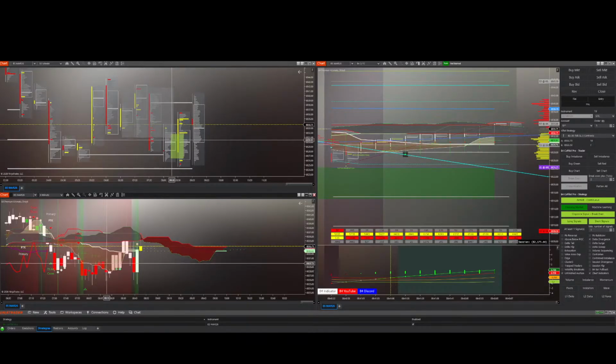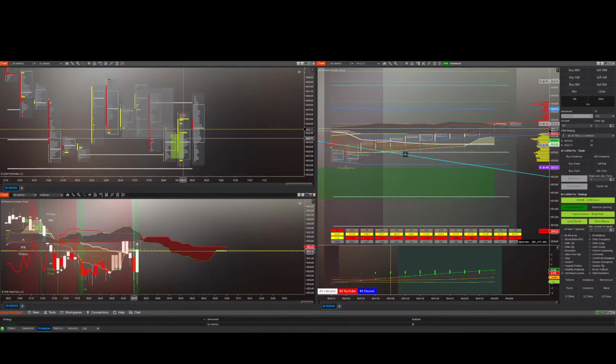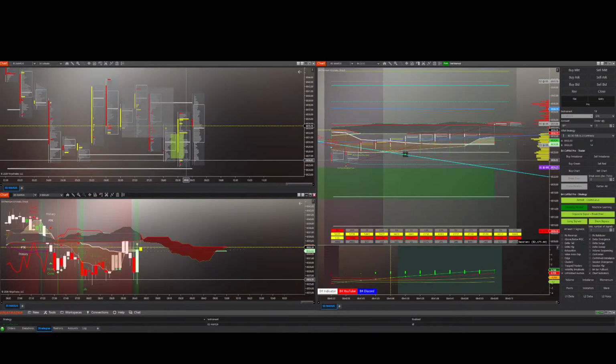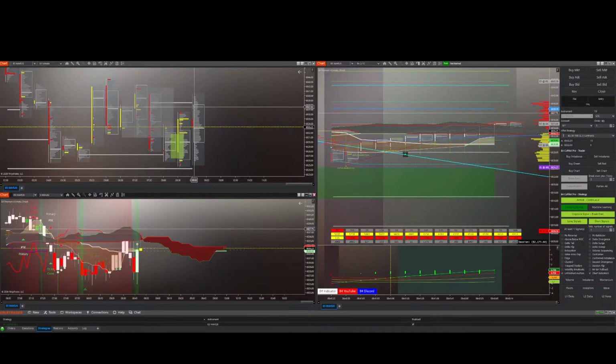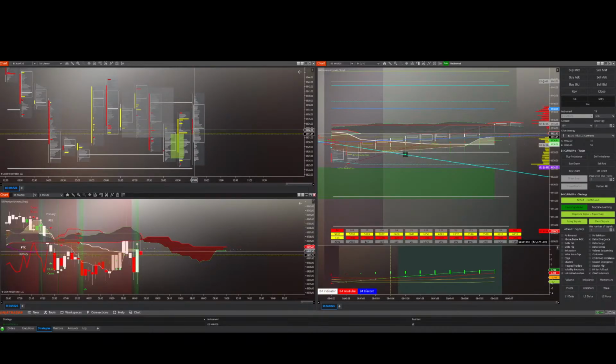And see, this was a bullish 30-minute candle. This is bearish still. Couldn't run up above here and couldn't break below here.